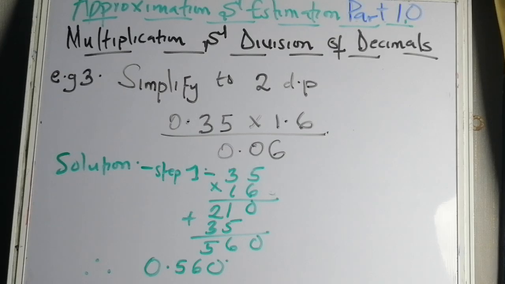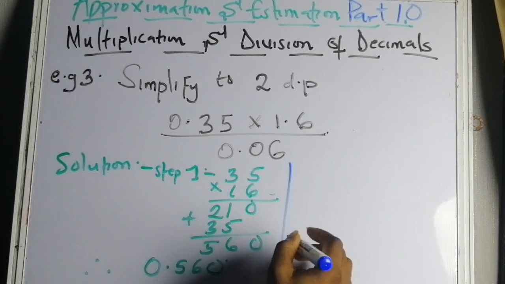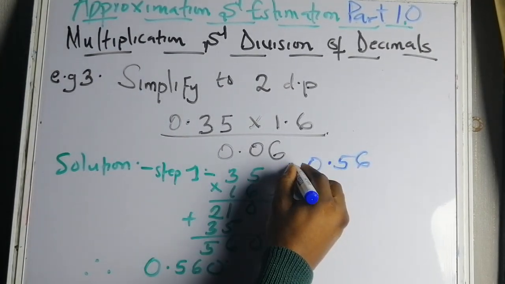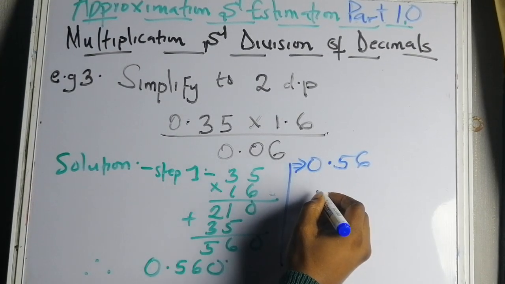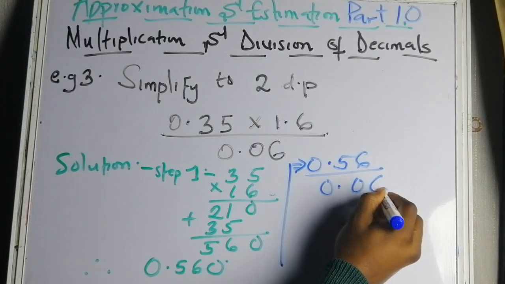Okay, so divided by 0.06. Now for the numerator, let me just put it beside. It means that you will now have 0.56 divided by 0.06.